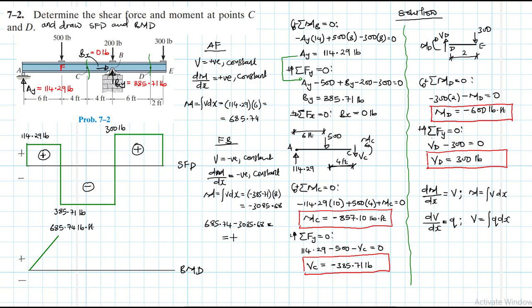Okay, so we have a minus 2399.94. Let me check it again. 685.74 minus 3085.68 is 2399.94, which is a negative.